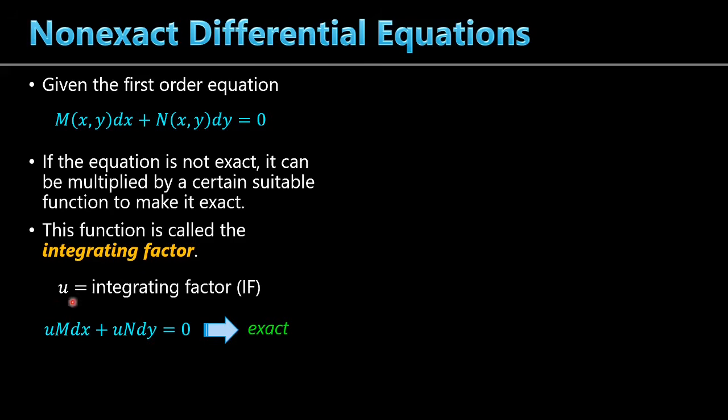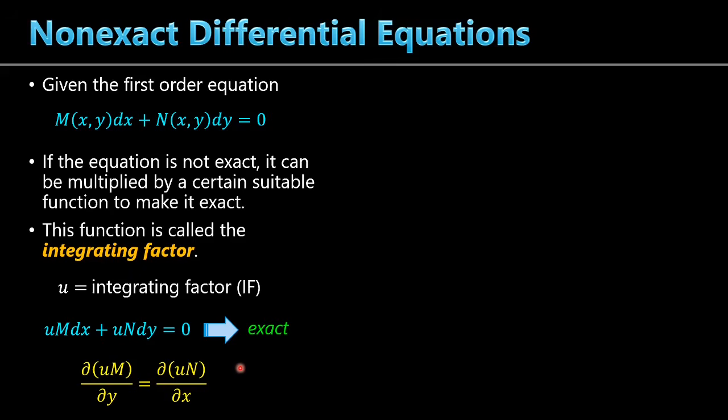We can now use the test for exactness. Dapat pag kinuha natin ang partial derivative nito, ng term na yan, with respect to y, it should be equal to the partial derivative of this coefficient with respect to x. Remember, this is our test for exactness. If this differential equation is exact, then it has to satisfy the test of exactness.